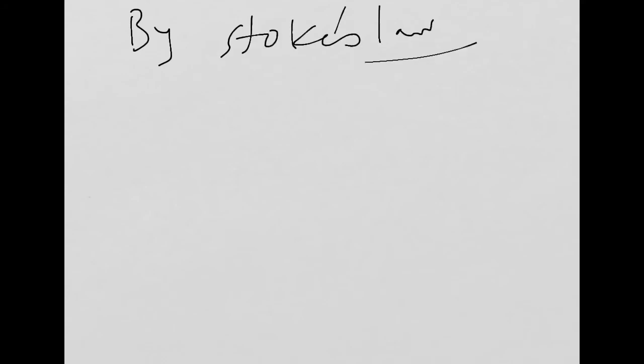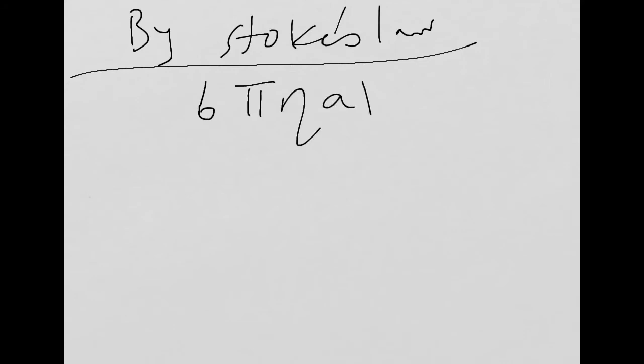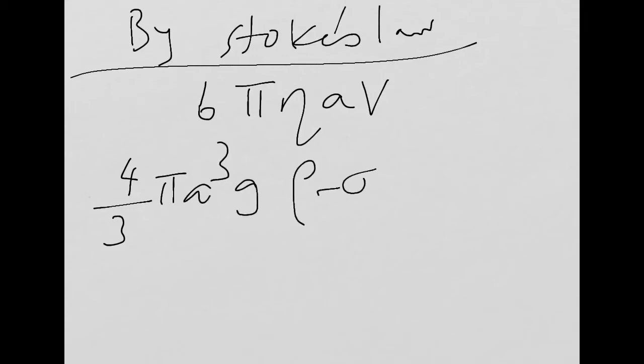Now, we know by Stokes' law, which in 11th standard you should have learned, the viscous force will be 6 pi eta a v, which will act on the oil drop. So the net downward force 4 by 3 pi a cube g into rho minus sigma is now equal to 6 pi eta a v.